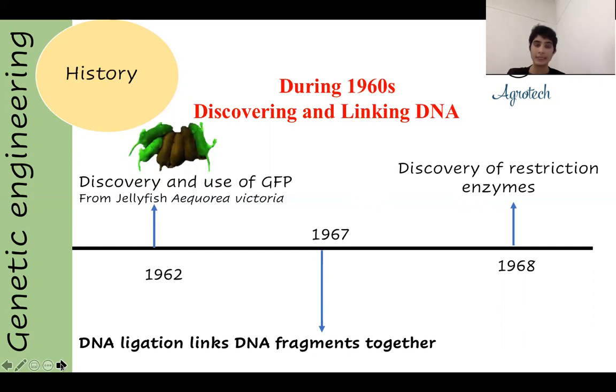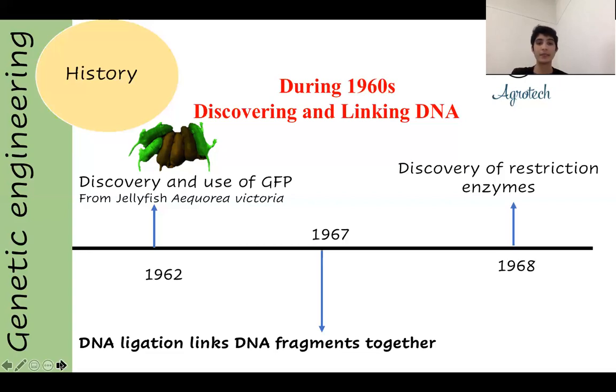It comes from the jellyfish, and this protein is commonly used to identify the location of certain organelles, or for other experiments. It is important in fluorescence microscopy, where we can find the targeted gene or targeted organelles.